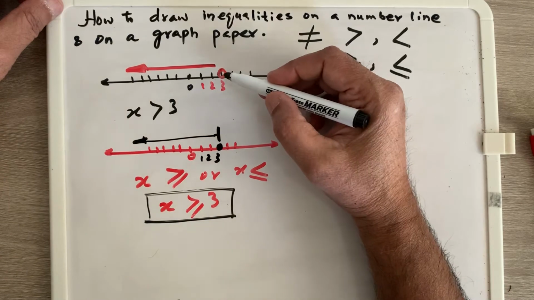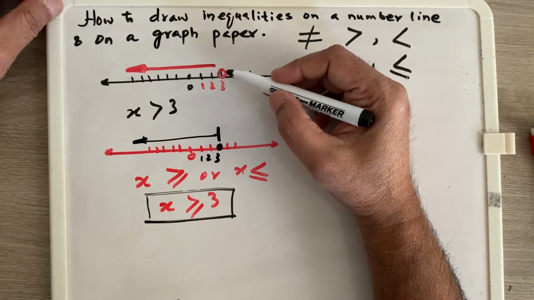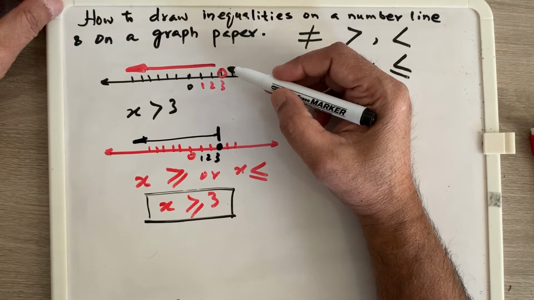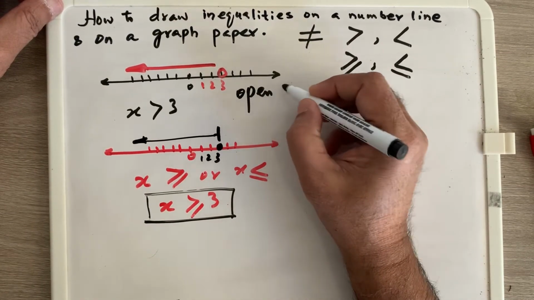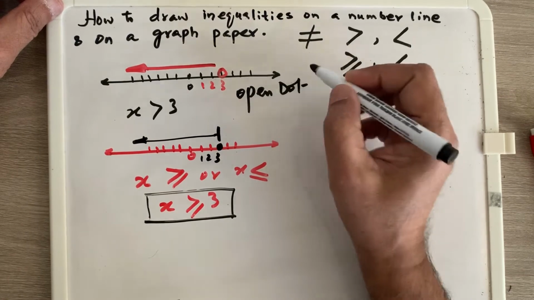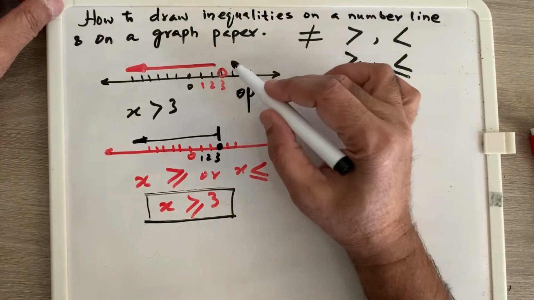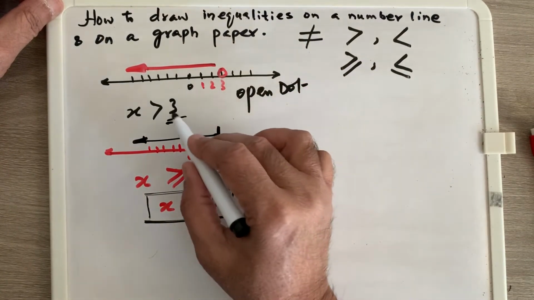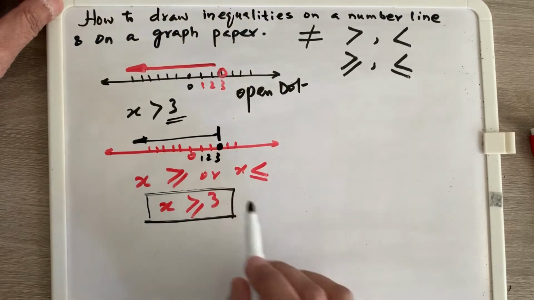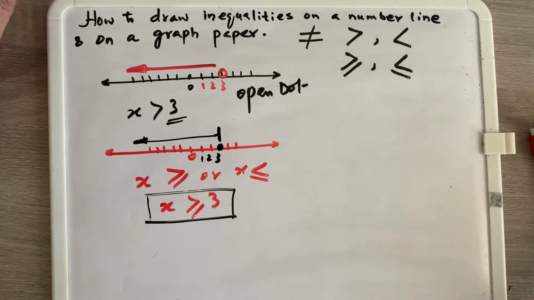When I put a hollow dot, a dot which is not filled up, or an open dot, for x is greater than 3 or x is less than 3, that number is not included. So here 3 is not included, therefore an open dot. Here 3 is included, therefore a solid dot. This is how we describe them on a number line.